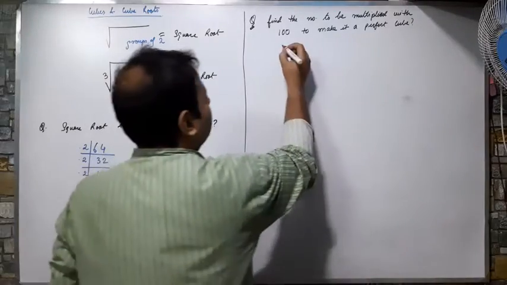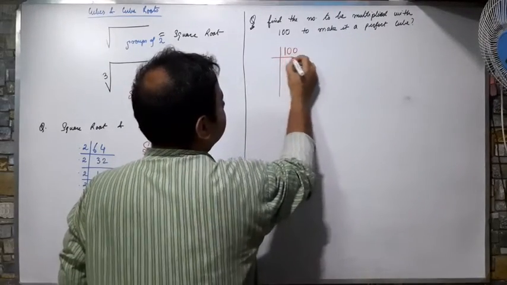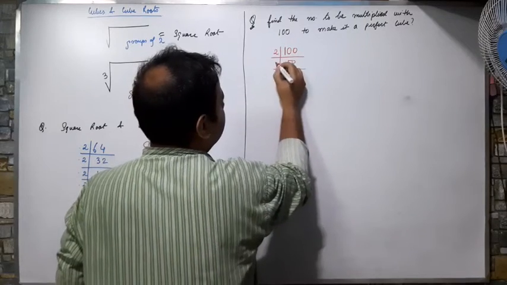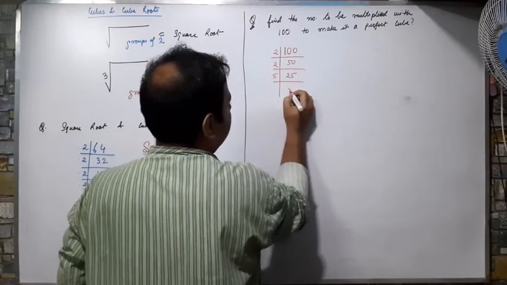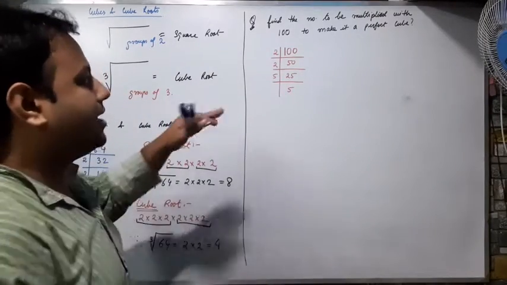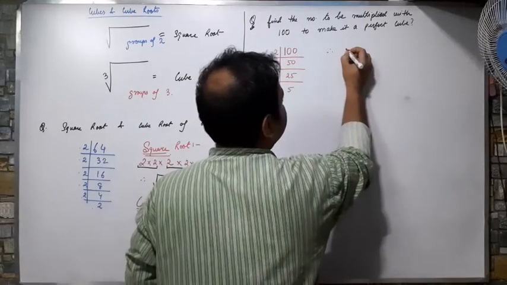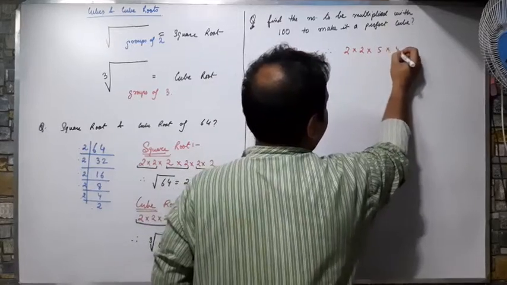I will factorize 100 first. 2, 50, 2, 25, 5, 5. Okay, so I am getting all the factors now. So the factors are 2 into 2 into 5 into 5.